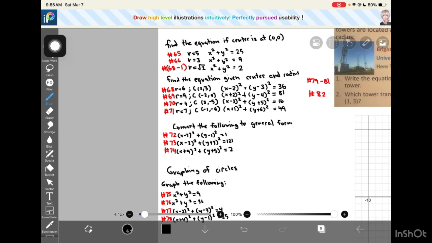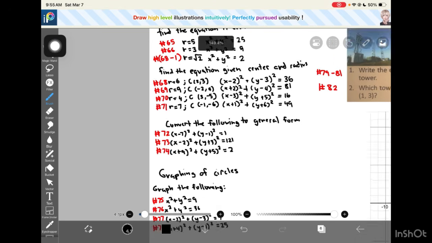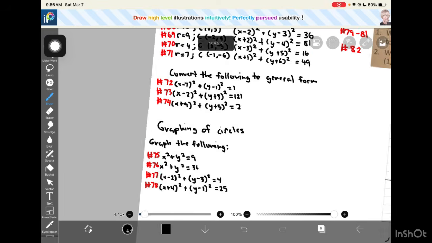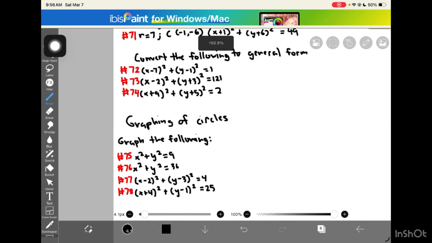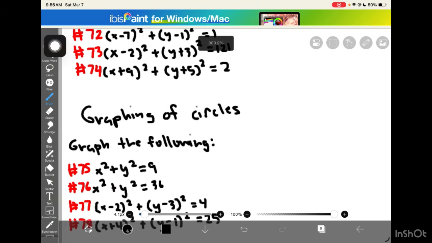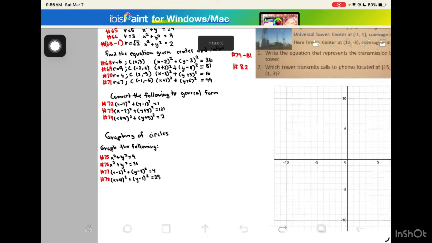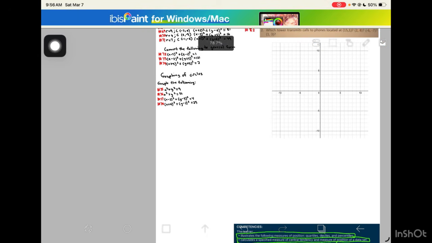Next. General form time. So let's take this a bit slower and let's do a solution this time. We have a lot of space anyway. Okay, I'll pull up another Cartesian plane for later.